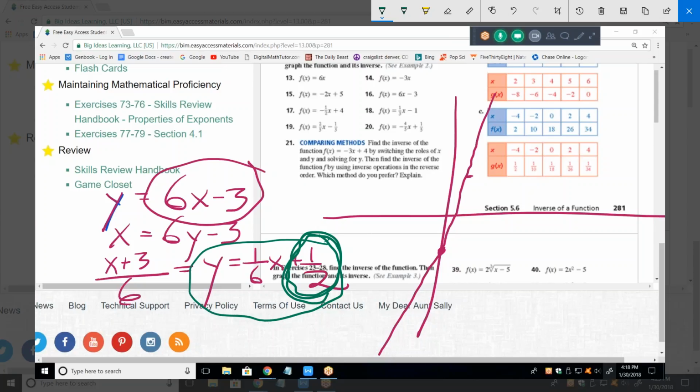Just happens to be the inverse of the first function. But we're going to graph it just like we would graph any y equal mx plus b. Okay. So the y-intercept is at 1/2. And what do we do? Up 1, right 6.